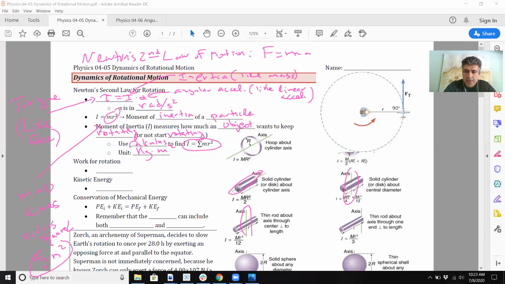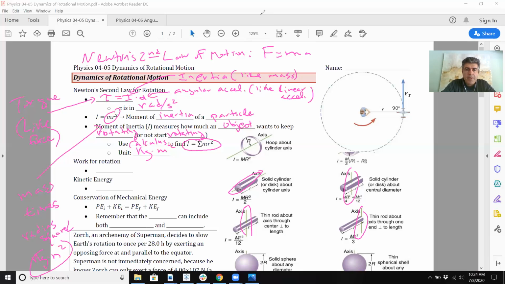Here, again, it's perpendicular, but it's not thin necessarily. Here's a thin rod, and it's at the end. Here you have spheres. And again, they do use calculus to kind of determine the exact formulas. We're not going to get into that because that's just way too much for this class. But if you do take calculus with me, then I'll show you how. If I do teach AP calculus, I'll be doing that next year.